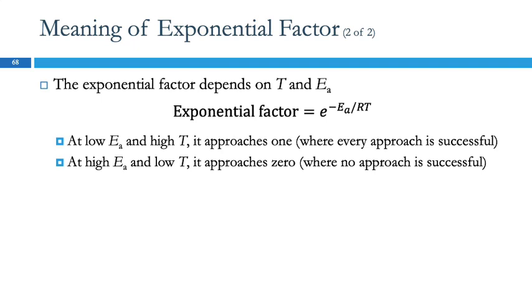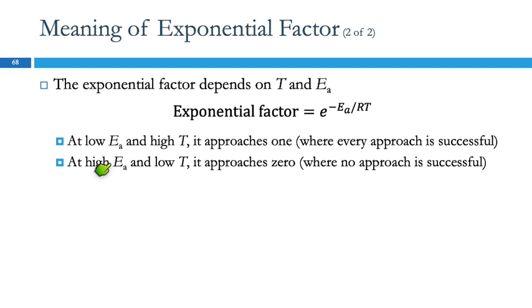There's an exponent that you can raise something to that is always 1: 0, right? If this piece up here becomes 0, then e to the 0 is 1. So if this gets smaller, then the exponential factor is getting closer to 1. So to make this piece smaller, activation energy has to be smaller, and/or temperature has to be larger.